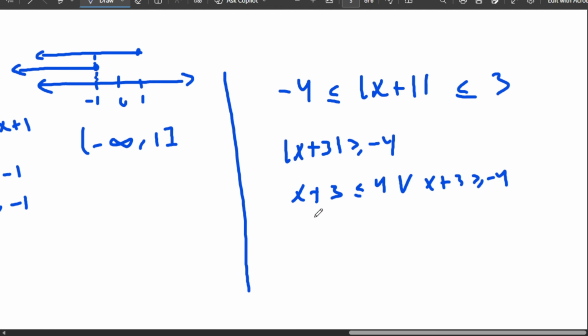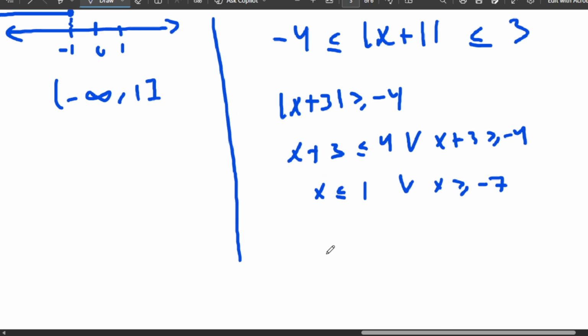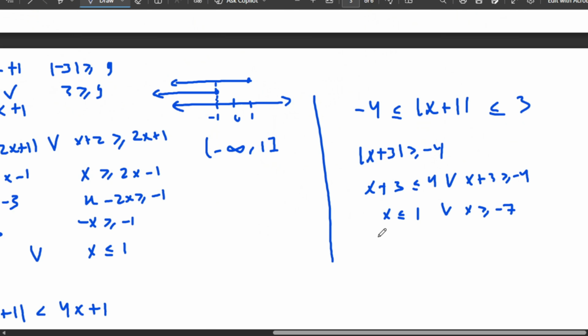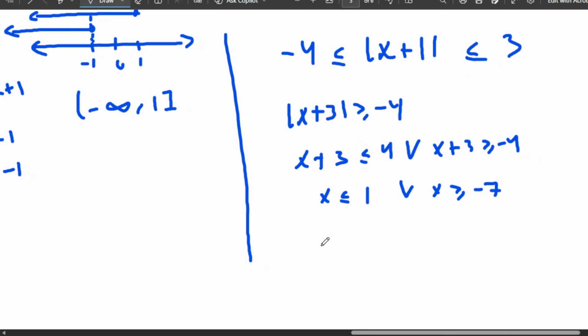And for this, let's solve it first. So x is less than or equal to 1, or we have x is greater than or equal to negative 7. For this side, let's say the absolute value of x plus 1 is between negative 3 and 3, so x plus 1 is less than or equal to 3.